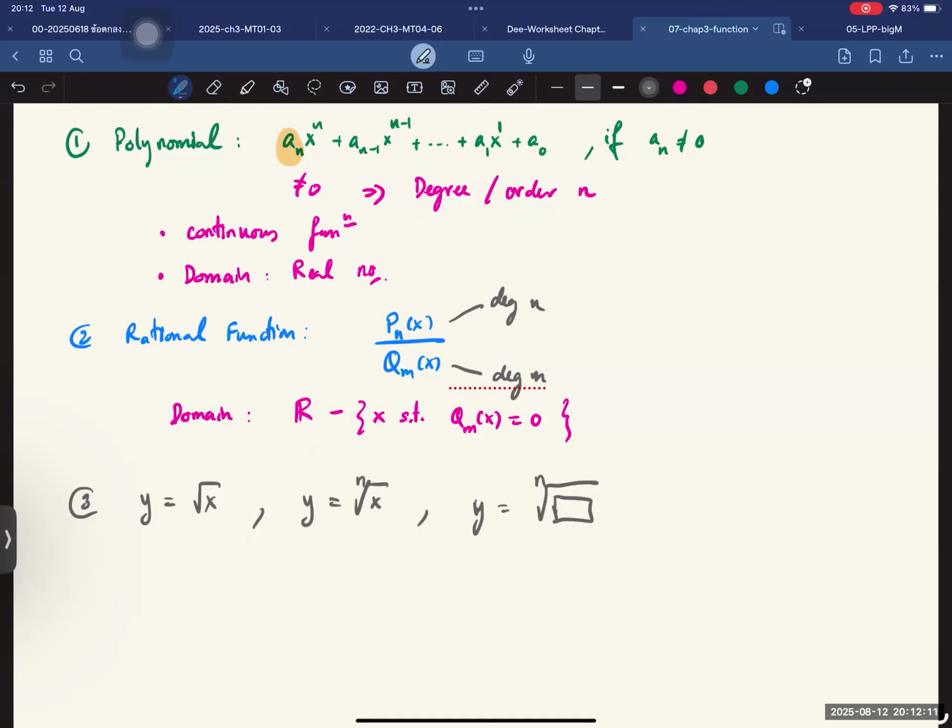The domain of this depends on n. If n is an odd number, the domain can be any real number. But if n is an even number, the domain takes only x that is non-negative.